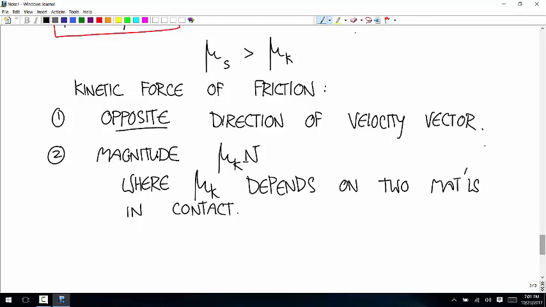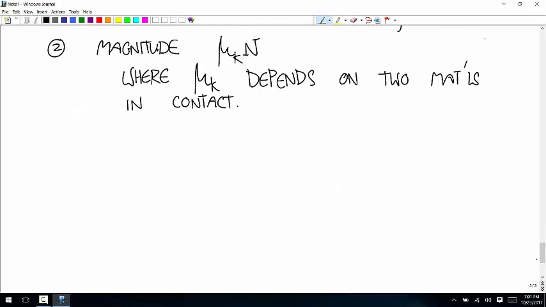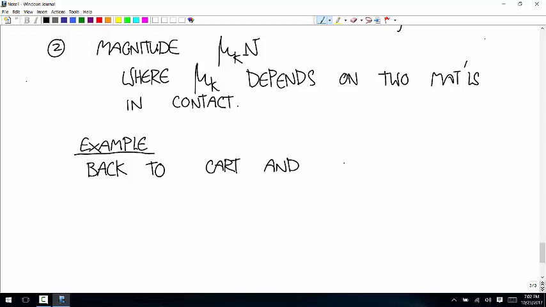Okay, so let's see how this works. So let's go back to the example of the cart and the hanging mass.